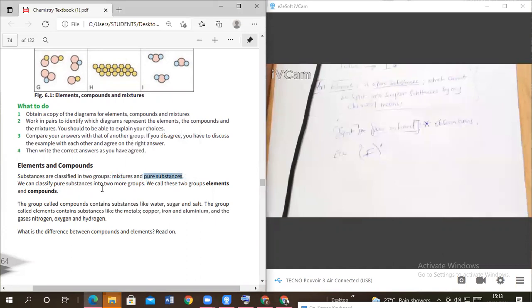We can classify pure substances into two. We can call them elements and compounds. Those are pure substances, the way they exist. They can either exist as elements or compounds. A group called compounds contains substances like water, sugar, salt.